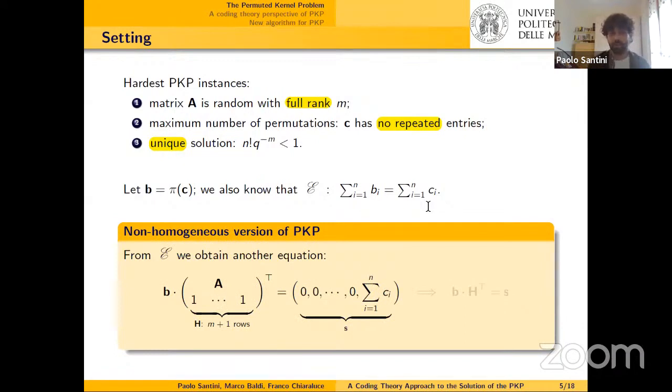That is another problem which is constructed very easily because we just need to append the all ones row to the matrix A, so that in the end what we want to find is a vector B such that its product by H transpose is equal to S, which has this structure.